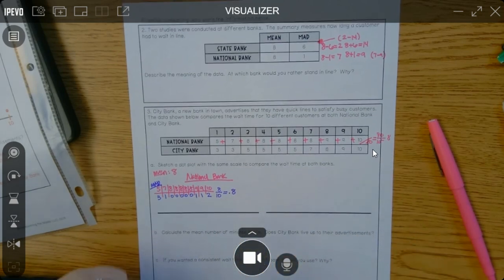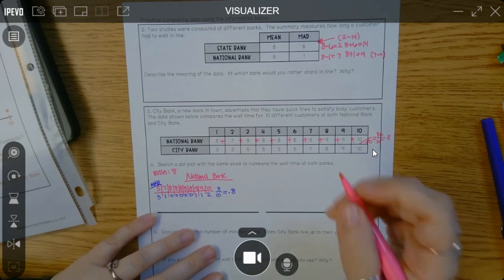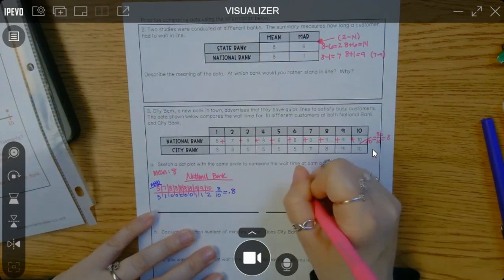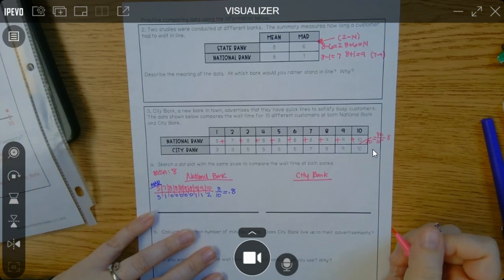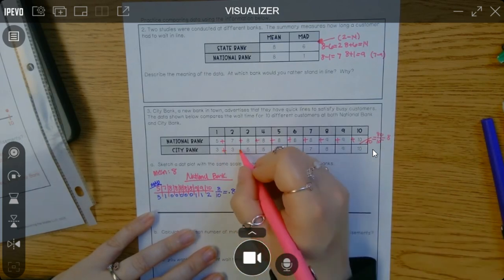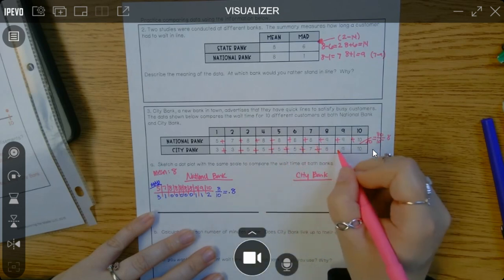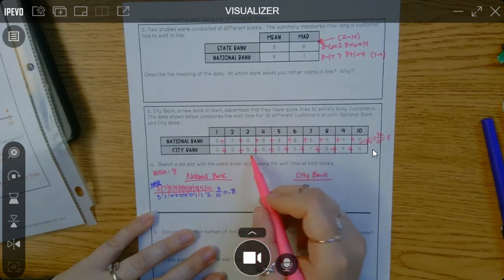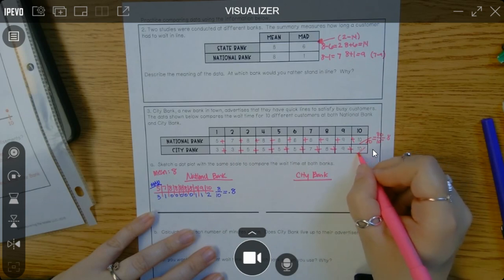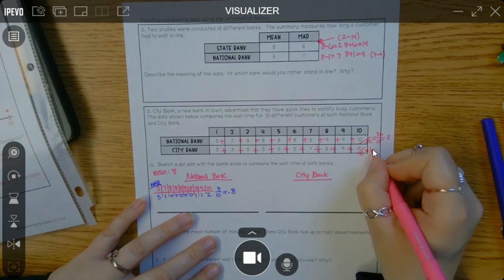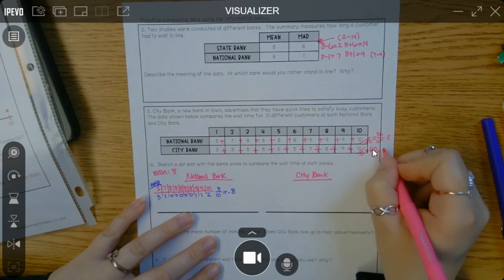Okay, let's compare that to Citibank. Okay, for Citibank, if I added all these together, type that into your calculator, and then divide it by 10, you should have gotten a total of 60, and divide that by 10, you get a mean of 6.